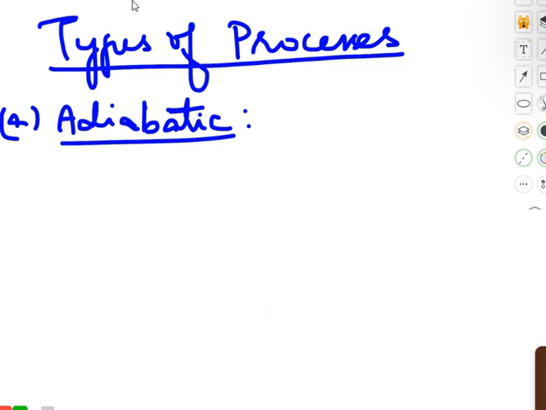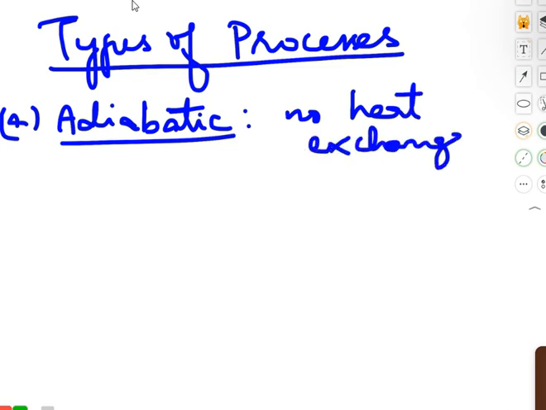When we spoke about the boundaries, diathermic was where heat exchange is allowed, and adiabatic was where heat exchange is not allowed. Same thing here also. An adiabatic process is one where the system does not exchange heat with the surroundings. No heat can go out or come in.